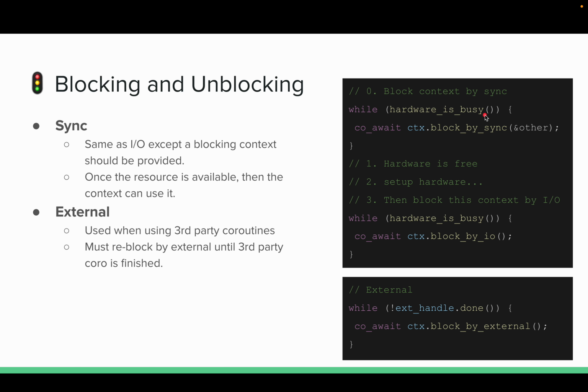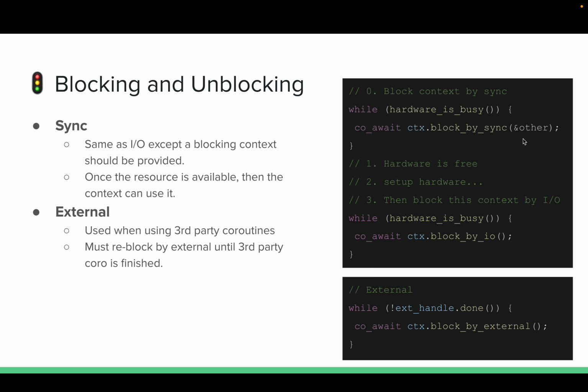If the hardware is busy, then some other context is probably already doing something and waiting for an interrupt to wake it up. Your driver should store a pointer to that context, and actually it says reference other, it should just be other, because other should just be a pointer. But you should call block by sync and then pass in the pointer to the current blocking context. This will tell that context who it's getting blocked by.